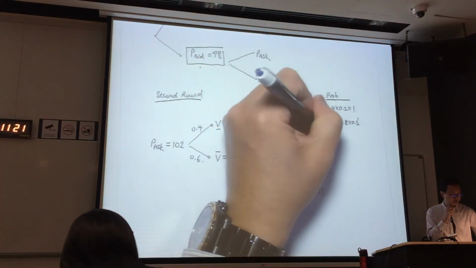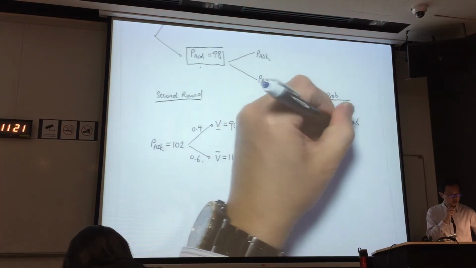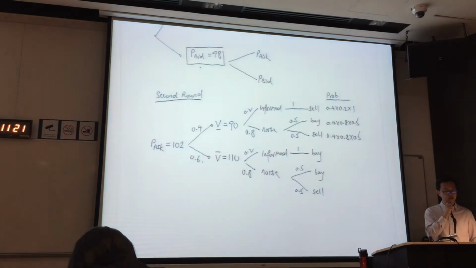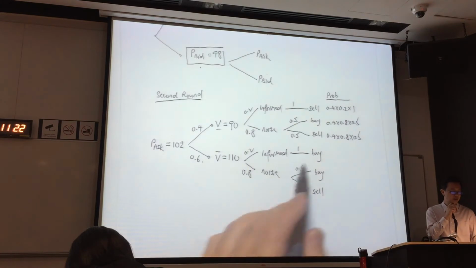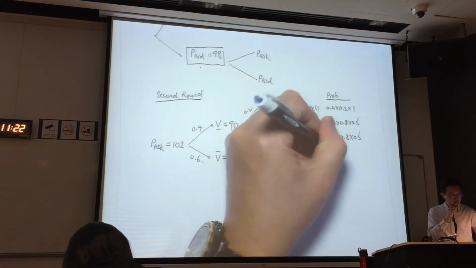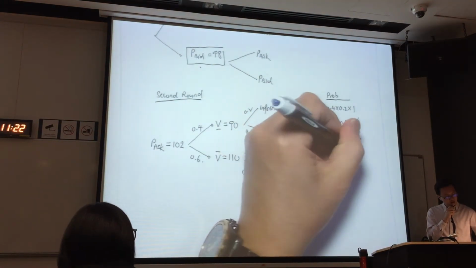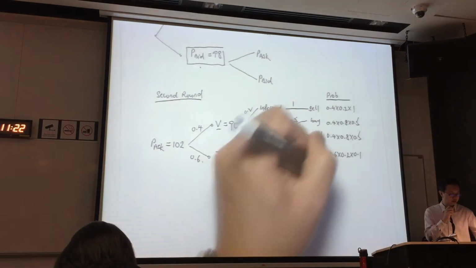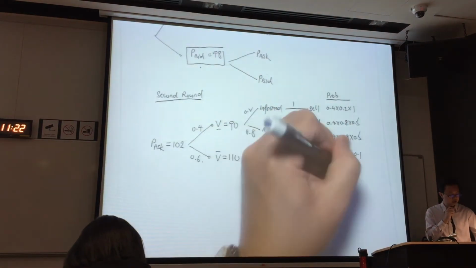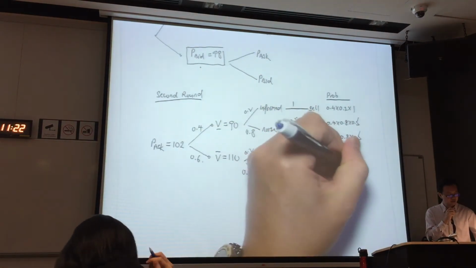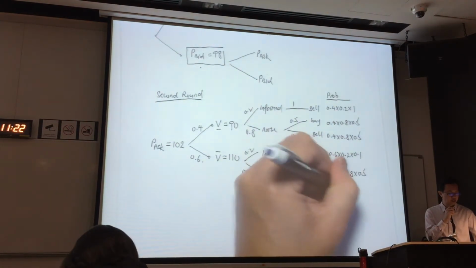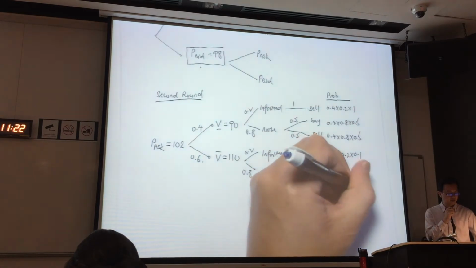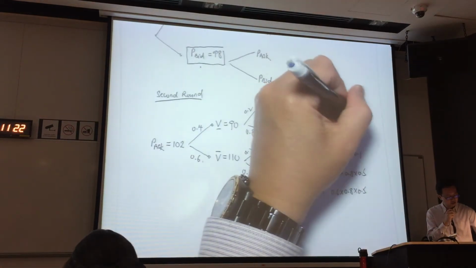This is also 0.4 times 0.8 times 0.5. So this is a probability of 0.6 times 0.2 times 1. This is 0.6 times 0.8 times 0.5. And lastly 0.6 times 0.8 times 0.5. Alright, so can you do the calculation on the probability here?